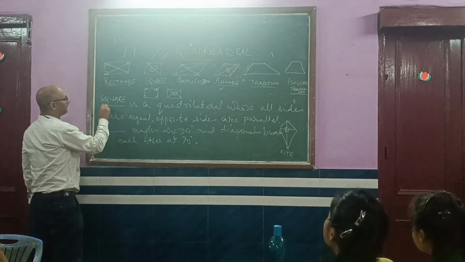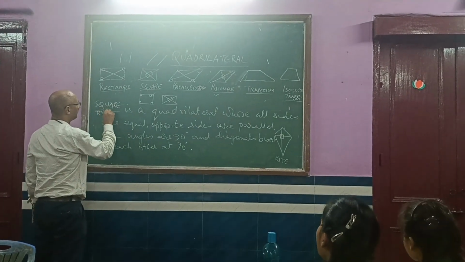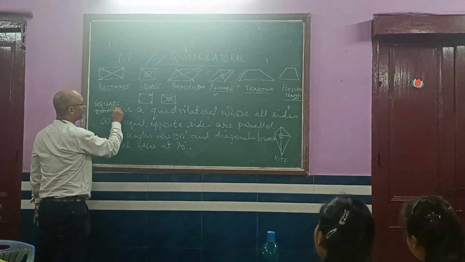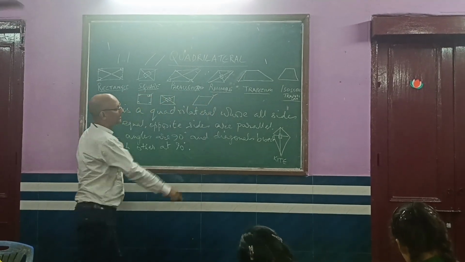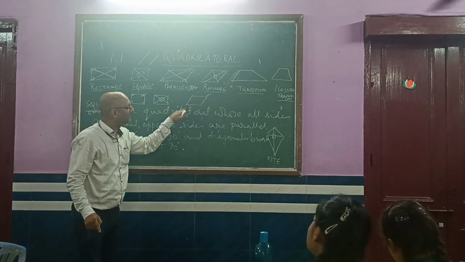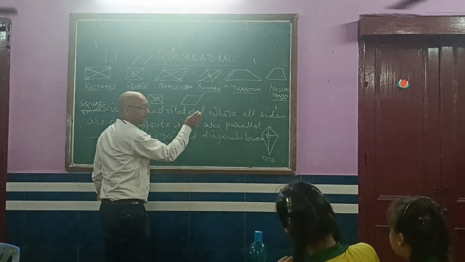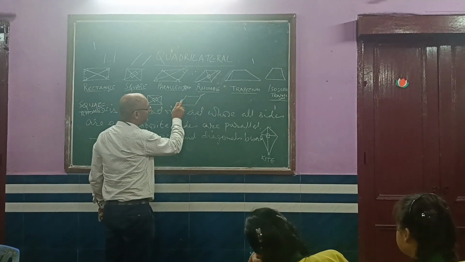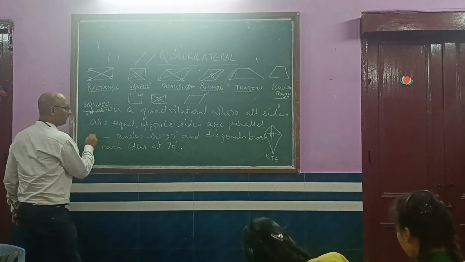Now come to rhombus. In case of square, you write rhombus. Rhombus will be like this. Rhombus is a quadrilateral whose all sides, जितने सारे साइड है सब क्या है, इक्वल है. Opposite sides are parallel. This side is parallel to this side, and this side is parallel to this side. No angles.